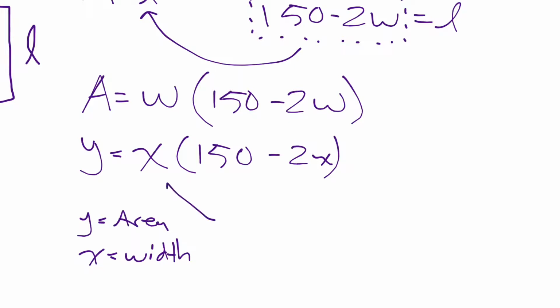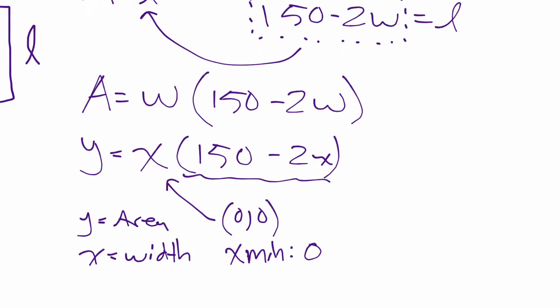Notice that this x right there out front, if I plugged in 0, the entire function would equal 0. Therefore, that's telling me an x-intercept. That's telling me I have the point 0, 0. Telling me my x-min should be 0. So we want to figure out our x-max, and to do so, we're going to focus on the second factor. 150 minus 2x, we want to know when that is equal to 0, aka where that gives us our second x-intercept.